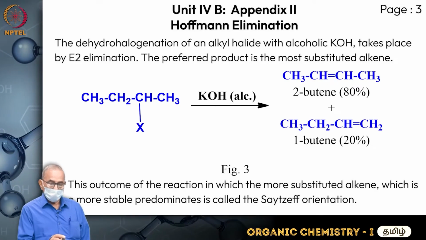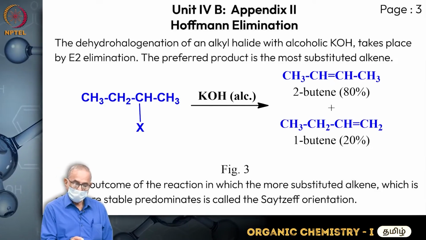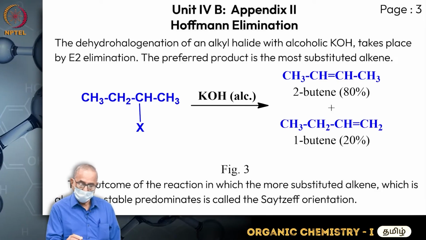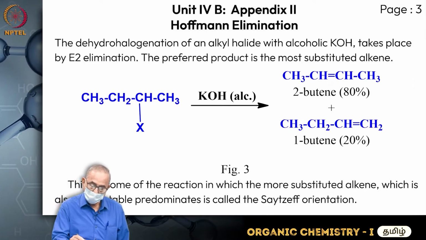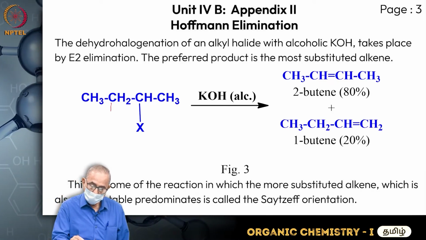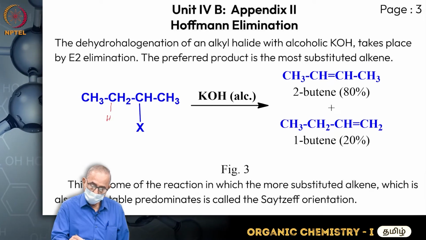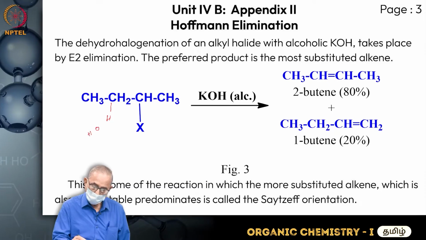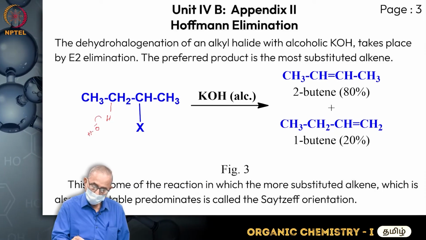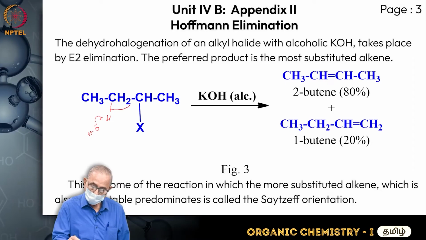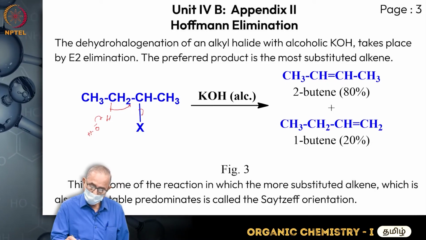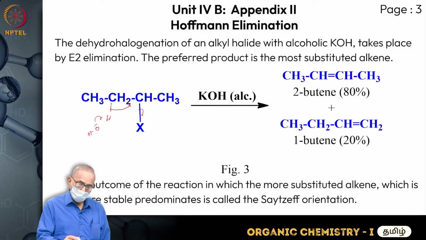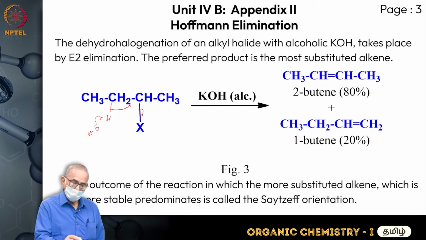That means alcoholic potash abstracts this particular hydrogen. So, this is the process by which hydroxide picks up hydrogen here as proton.